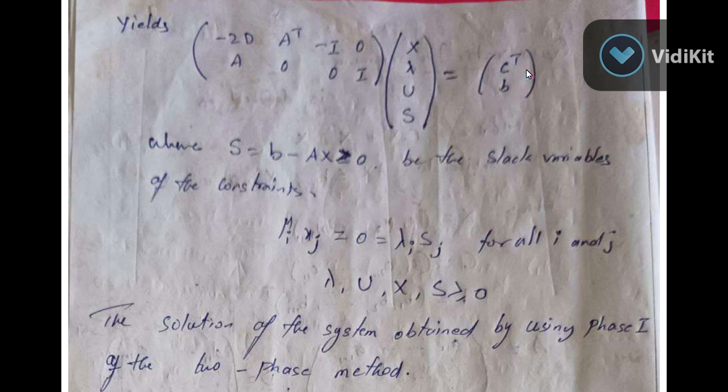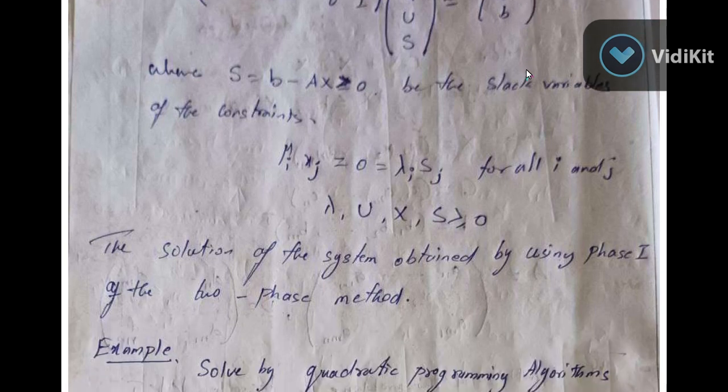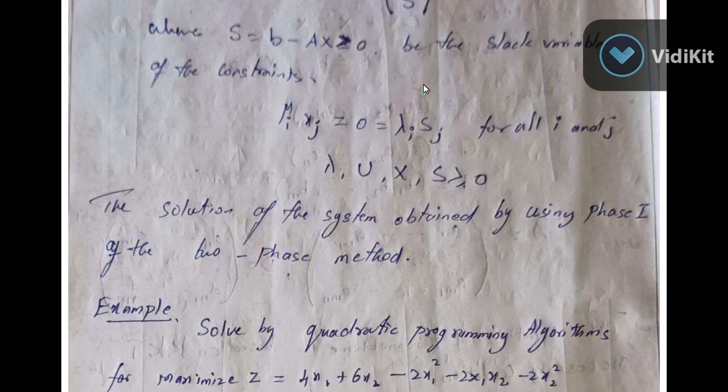All of this we can discuss with an example. Further, the Karush-Kuhn-Tucker conditions impose a restriction: the product of the Lagrangian multiplier mu i with the variable xj is equal to 0, which is the same as the other Lagrangian multiplier lambda i with sj equal to 0. This is true for all i and j.